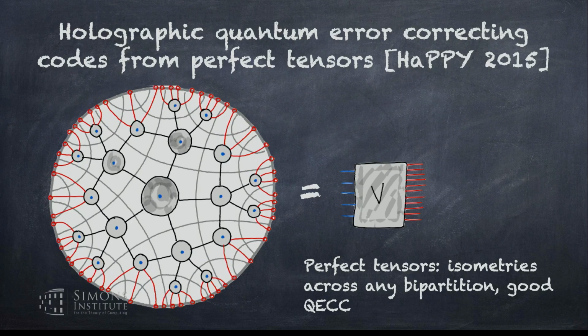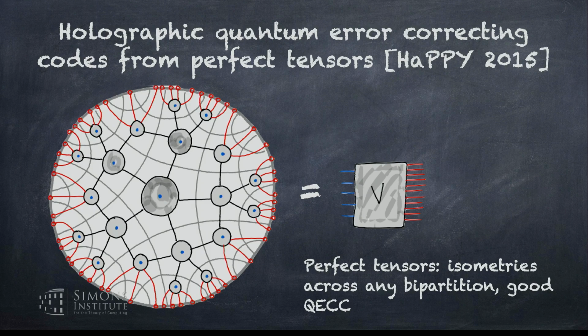There are a few different equivalent definitions of a perfect tensor. But essentially it's a tensor that's an isometry across any bipartition. Equivalently, it's a tensor that describes a maximally entangled state, or one thing that will be important for us is it's a tensor that describes the encoding isometry for a good quantum error correcting code.